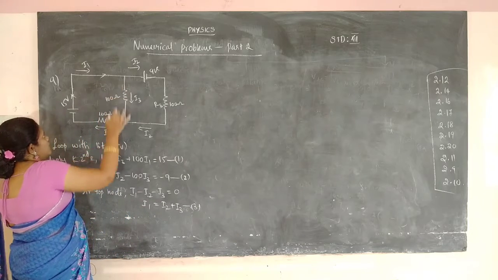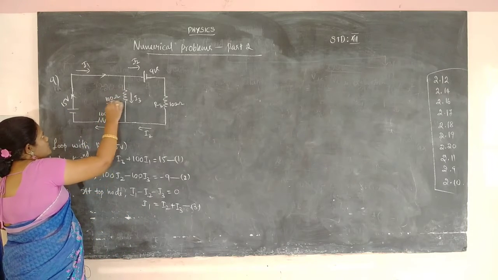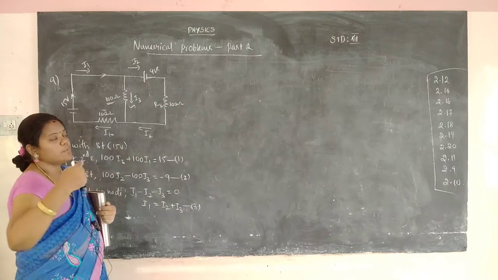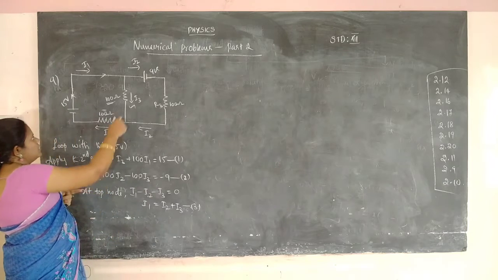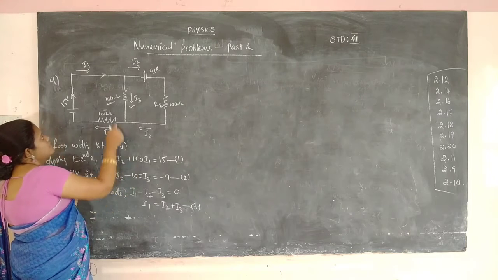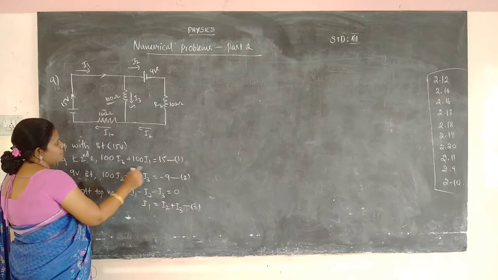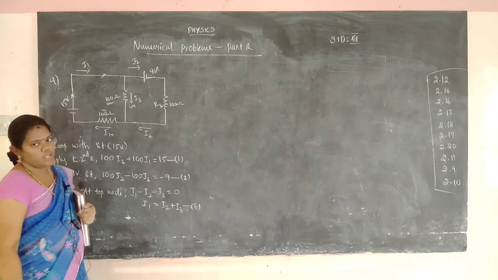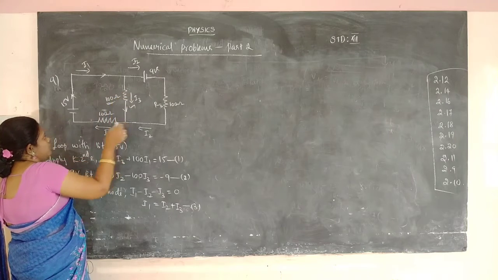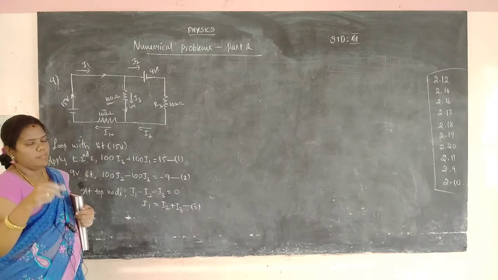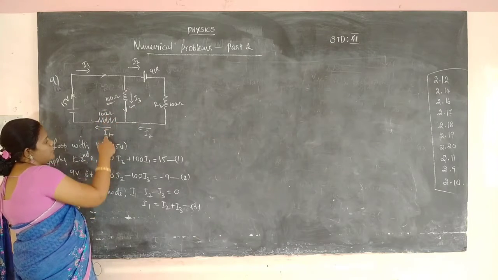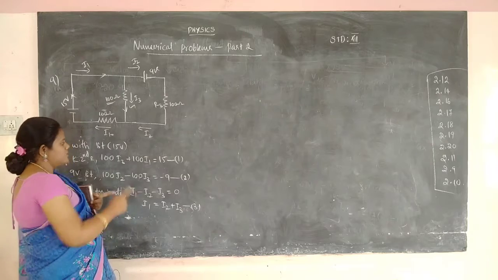In this loop, the resistance is 100 and the current is I3, so 100 I3, plus 100 into I1, is equal to 15 volt. If the current flows in the same direction, I1 and I3, we just put the positive sign. So 100 I3 plus 100 I1 is equal to 15 volt. This is the first equation.